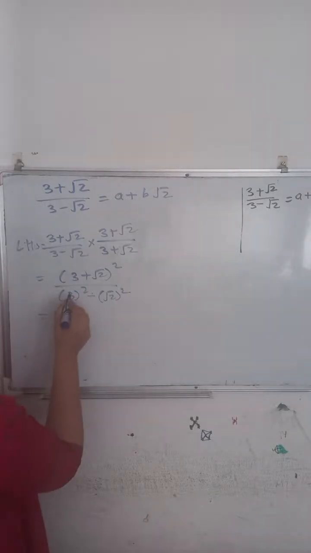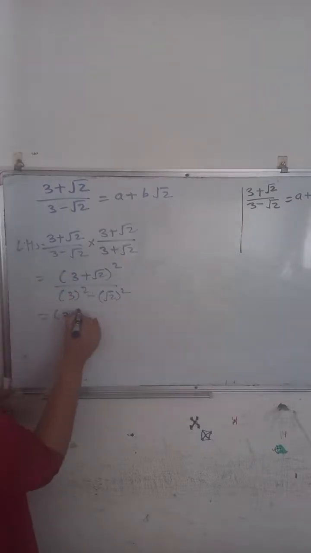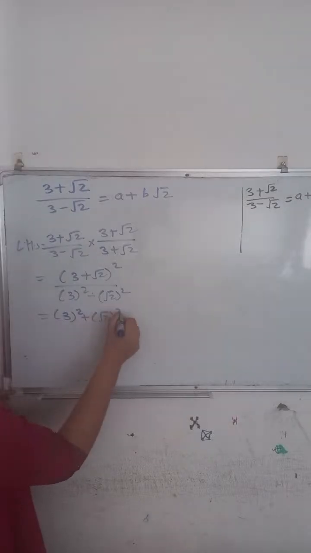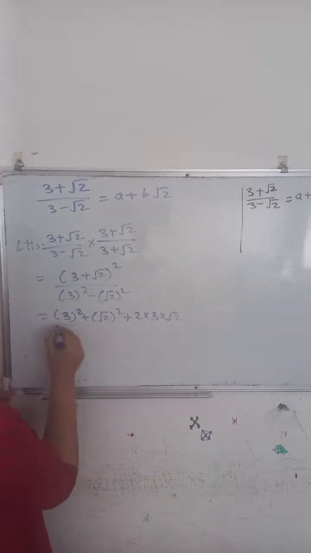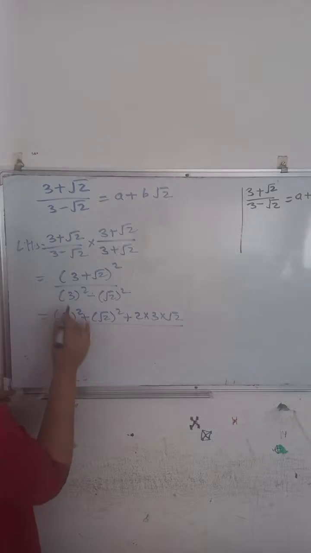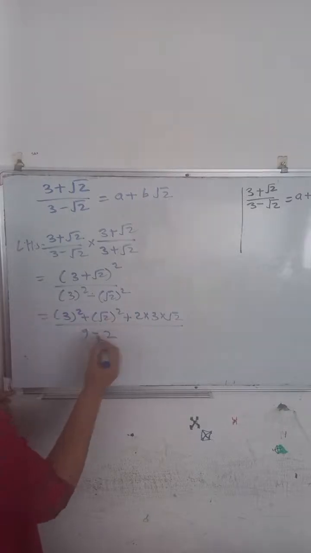Okay, so here again we can expand 3 plus root 2 by identity a plus b whole bracket square, that is a square plus b square plus twice ab. So you can write here 3 square plus root 2 square plus 2 into 3 into root 2 divided by, we have 3 square, that is nothing but 9, and root 2 square is nothing but 2 itself.